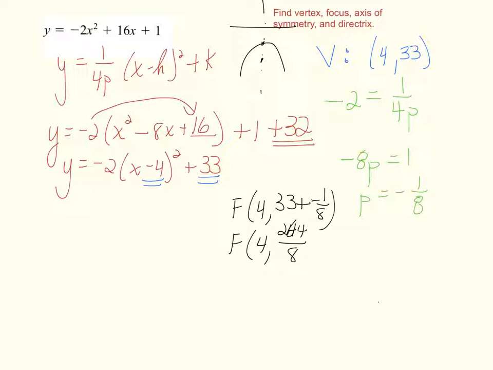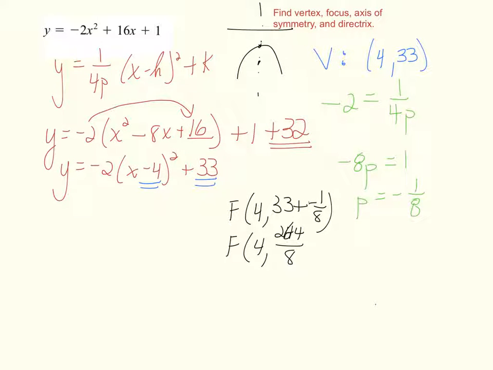Sorry. It's not letting me erase, so I'm going to just scratch it out and write 264 divided by 8 minus 1/8, because a plus minus is the same.